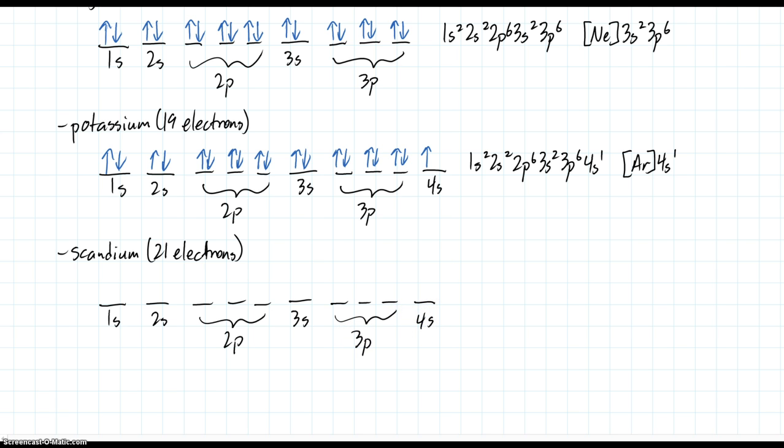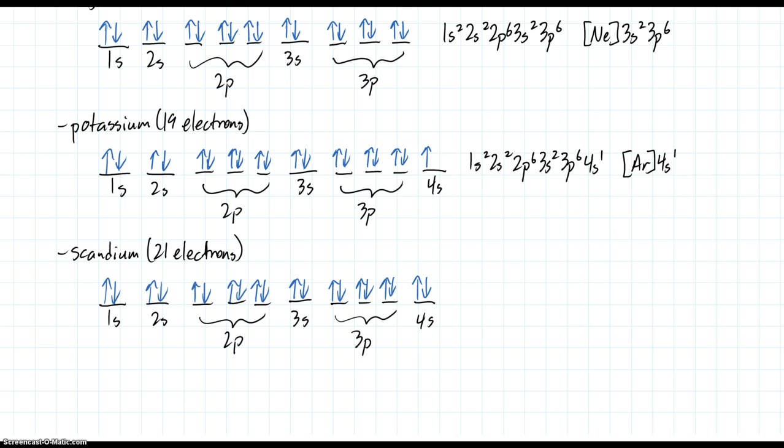Let's start by going through and filling the 4s orbital. Putting that second electron in the 4s sublevel gets us to 20 electrons.